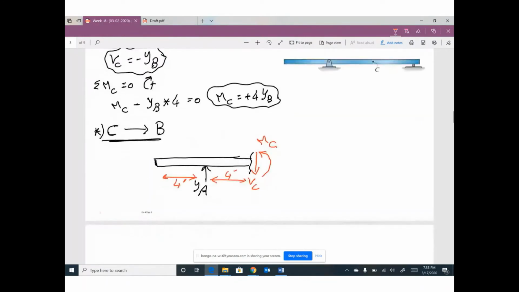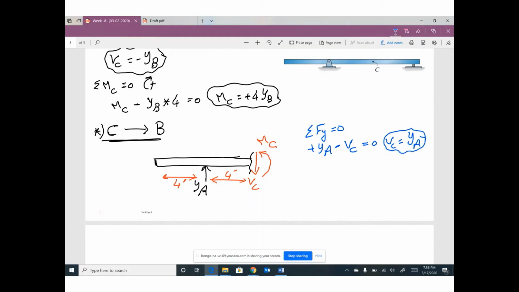Go ahead and apply the equilibrium equation. If you apply summation Fy equals 0, we have positive YA and negative shear at C equals 0. That means shear at C equals YA.